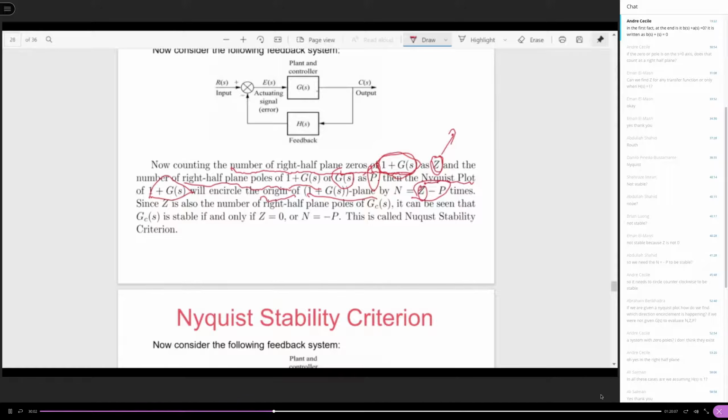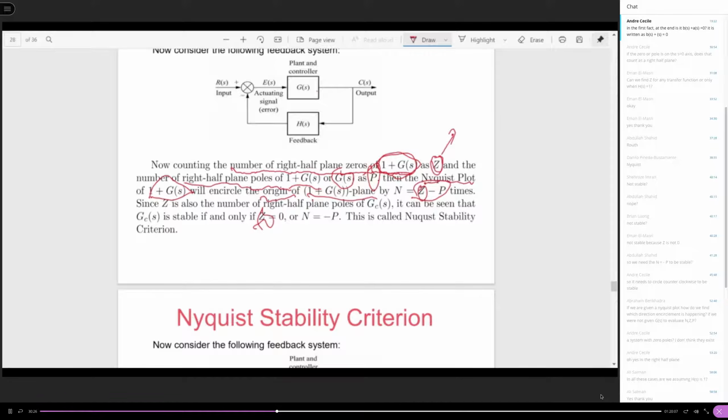Now you want the closed loop system to be stable. What do you think the condition is going to be? I've already said it here: this Z number must be equal to 0. In other words, I should not see right half plane closed loop poles.